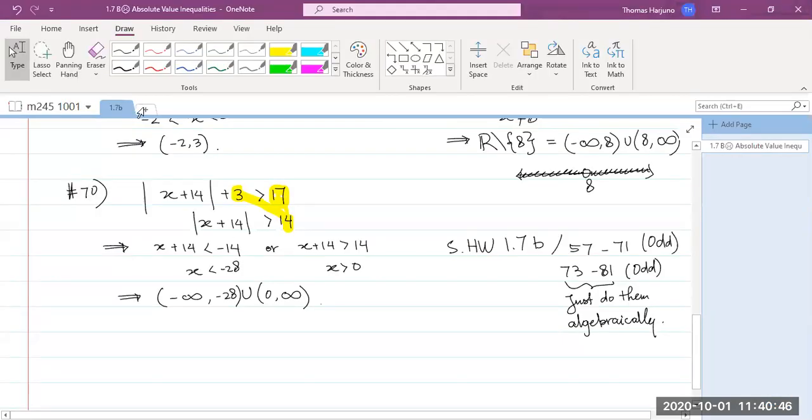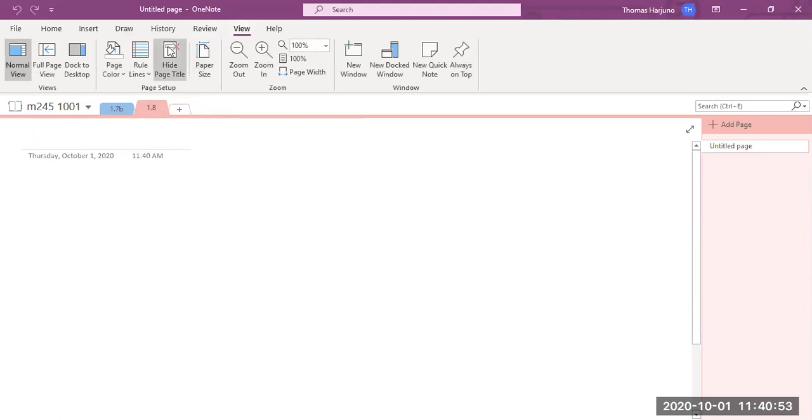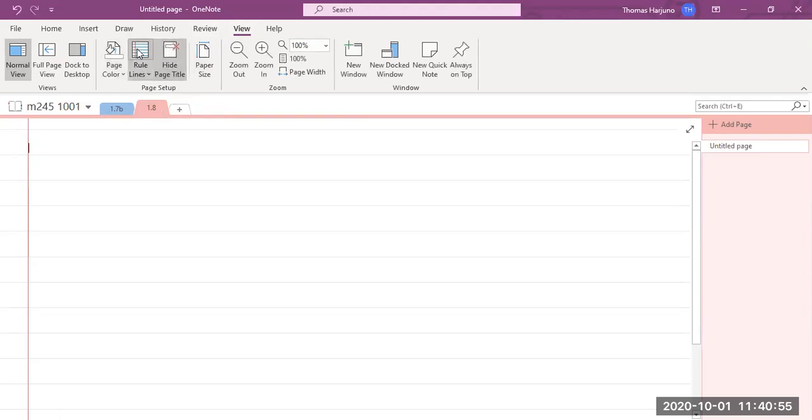I will go on with 1.8. Now 1.8 consists of 2 parts, but they are actually very, very similar. 1.8 is nonlinear inequality. To be more precise, 1.8 part A is polynomial inequality, and the second part is rational inequality.